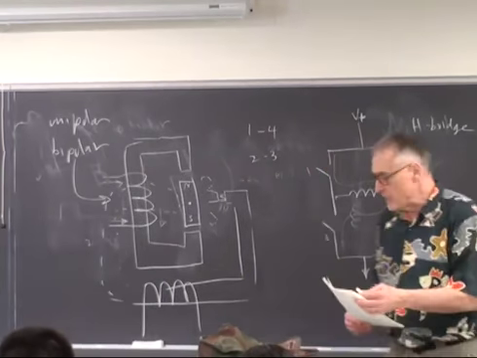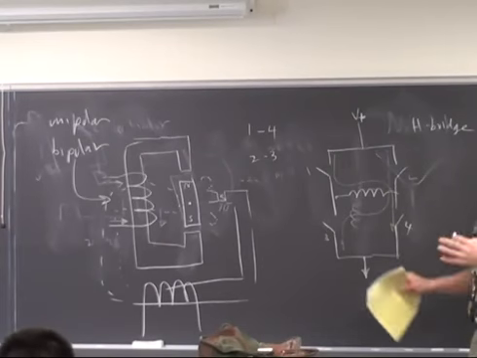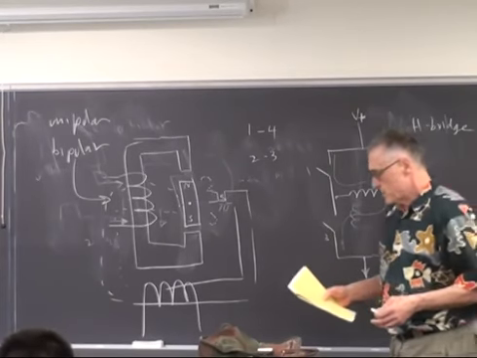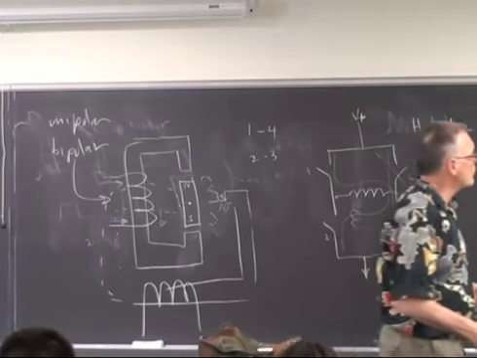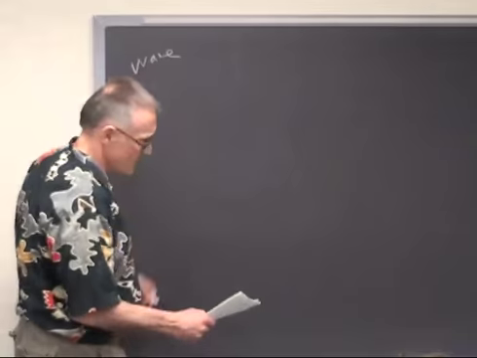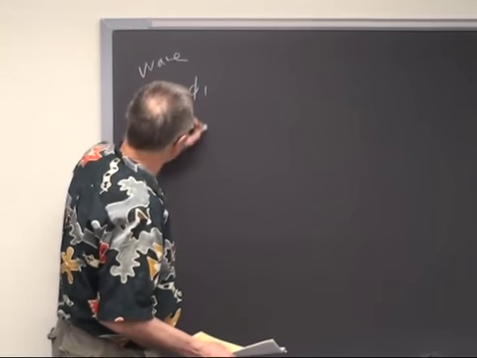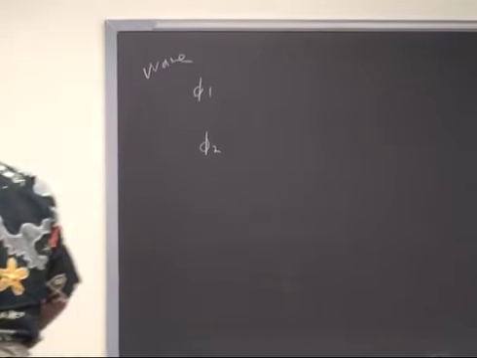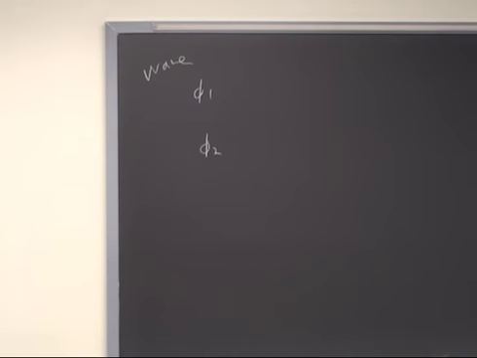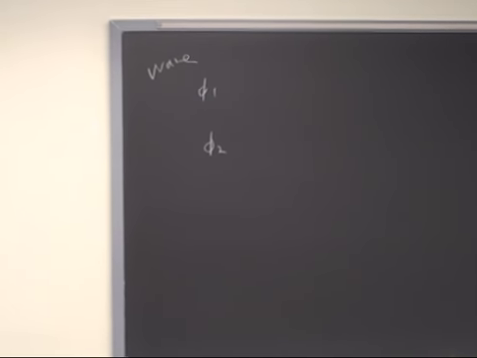But even then, with the H-bridge, we have to figure out what kind of a pulse sequence we want. And there's at least a couple of different kinds. One is called the wave pulse sequence. So let's say we have phase 1 and phase 2, where now we're talking about the current through phase 1 and phase 2.